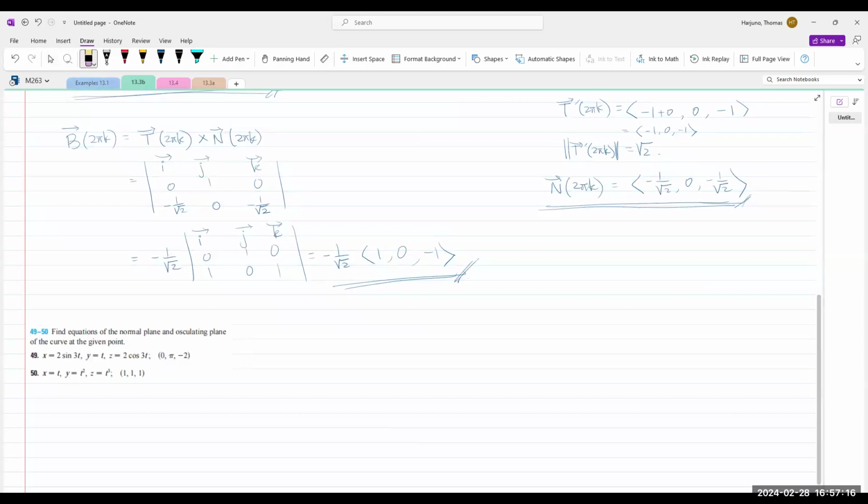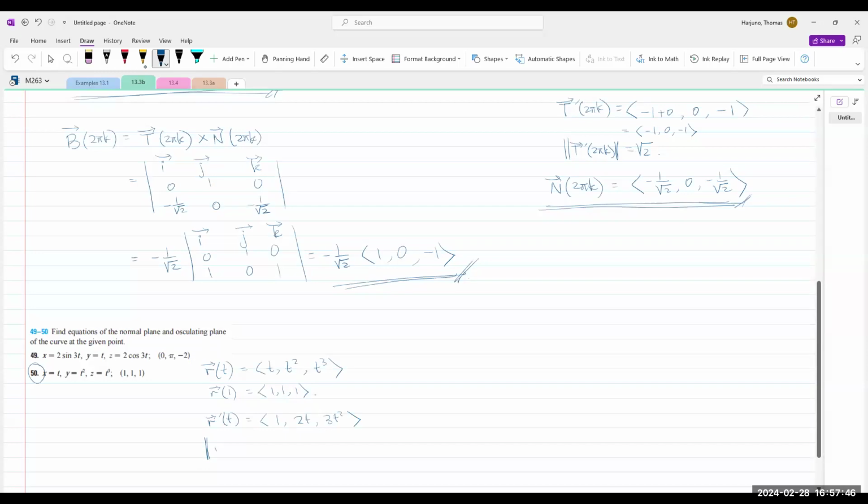So if I work on number 50, our r(t) equals t, t squared, t cubed. At time 1, r(1) equals 1, 1, 1. So r prime t equals 1, 2t, 3t squared.